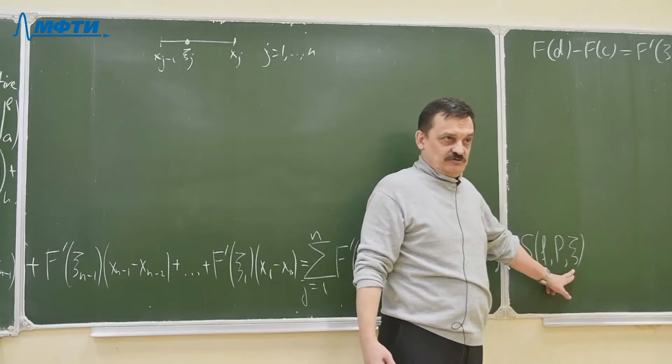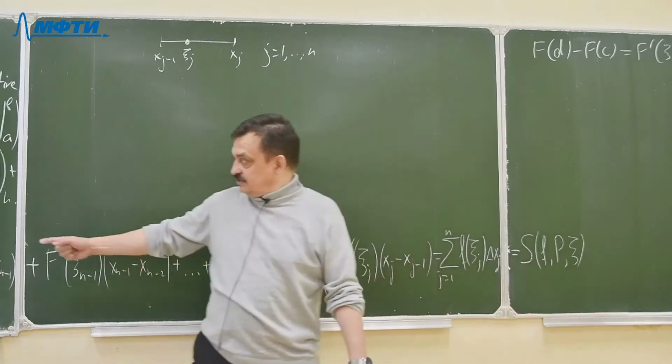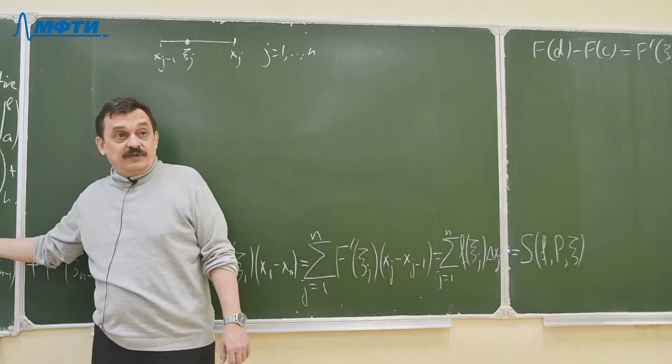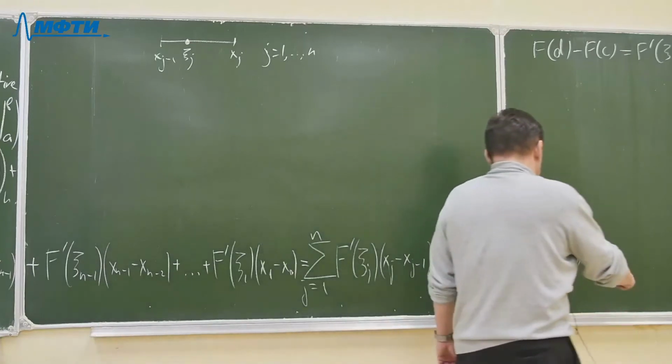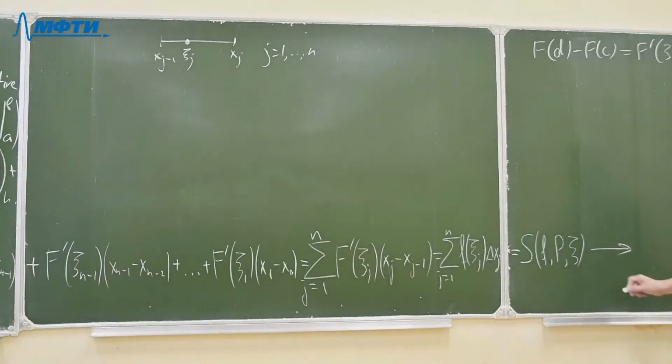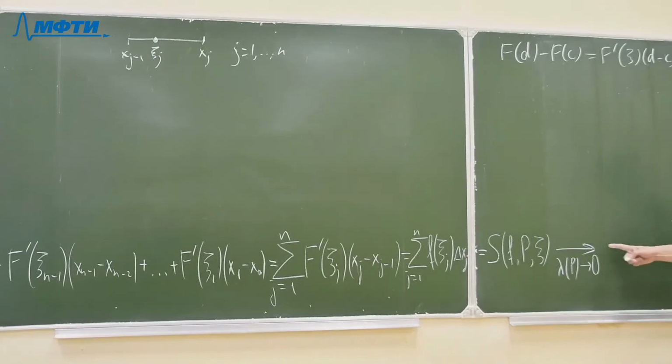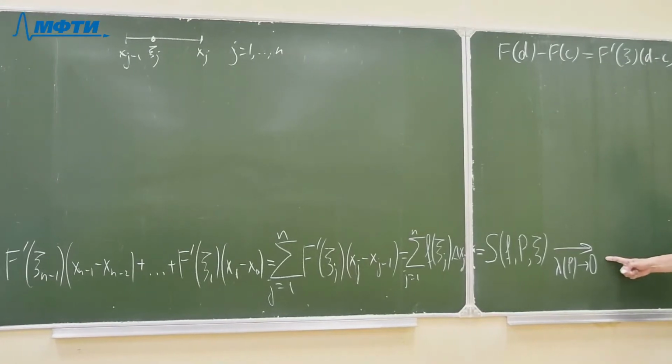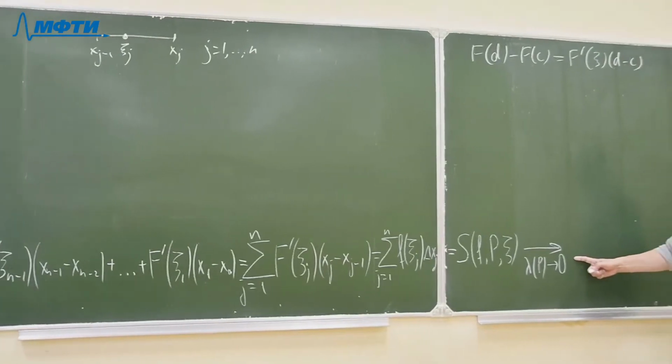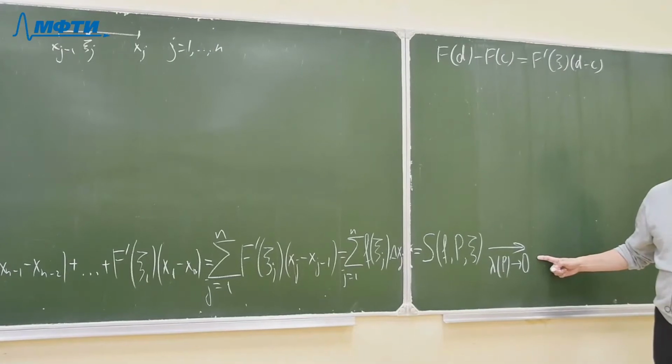So, partition P is arbitrary, but xi is not arbitrary, of course, right? Xi is chosen in a specific way using the Lagrange mean value theorem, right? And we know that integral sums, when the norm of our partition tends to 0, they tend to what? One of the definitions of the integral, right?